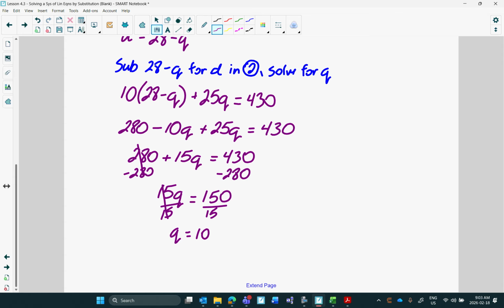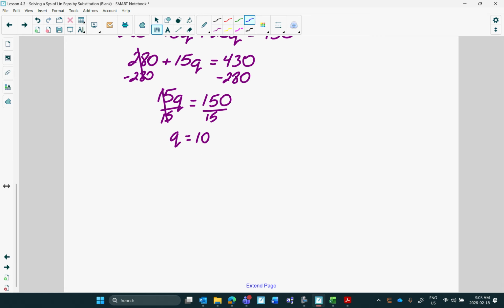So take this answer we just got. Which one do you want to put it into to figure out D? The first. Yeah, the first one.